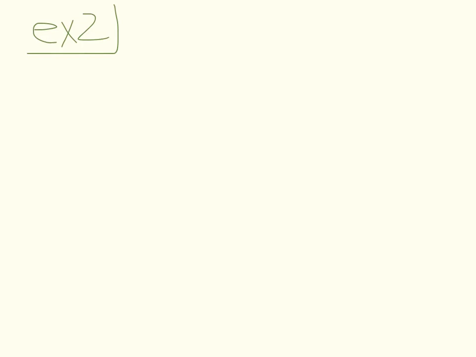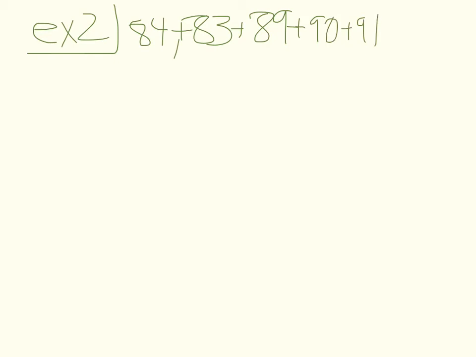So as you look at the numbers, we've got 84, actually we'll just add them together, plus 83, plus 89, plus 90, plus 91, plus 85, plus 80. There's no extreme values, which means there's no numbers that are really different than the others.